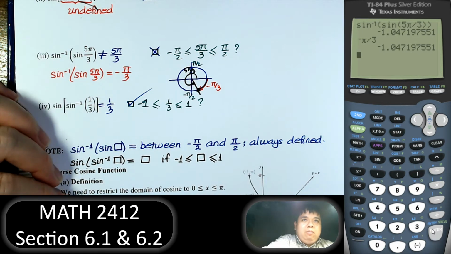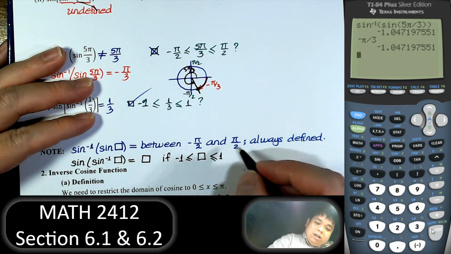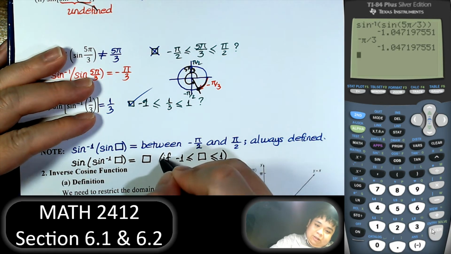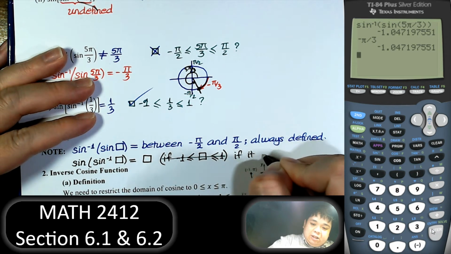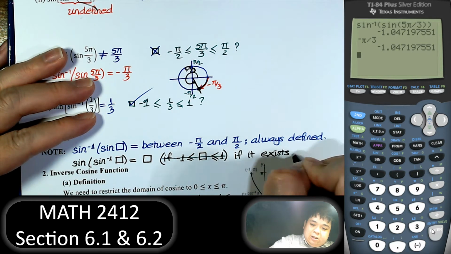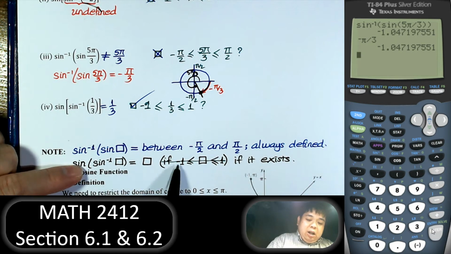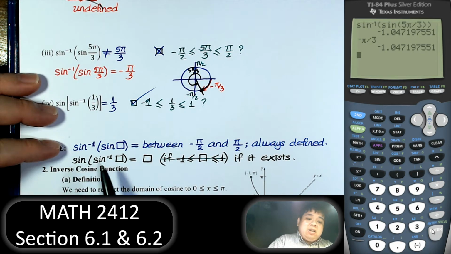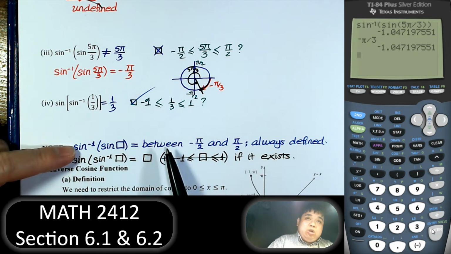Or even better, we write sine of sine inverse equal to that, an even stronger statement: it will be the case if it exists. Meaning the inside has to exist. Of course we can also write from -1 to 1, that is a more precise statement, but in general, sine and sine inverse will cancel out if it exists. Sine inverse of sine is between -pi/2 and pi/2, but it is always defined.